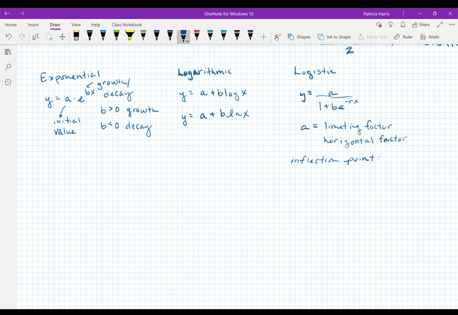So you reach a point where you can't grow as fast, and that's your inflection point: the point at which the rate of increase starts to get smaller.